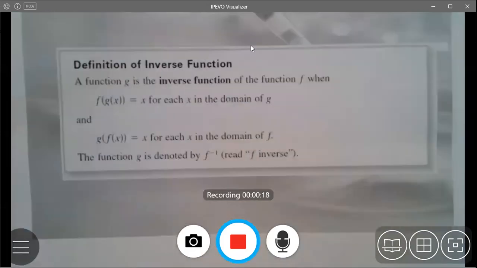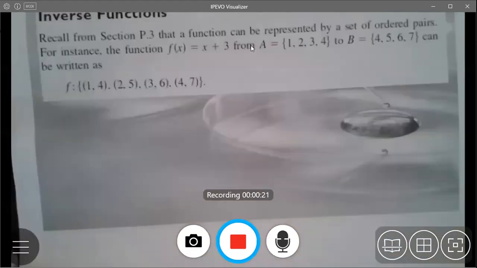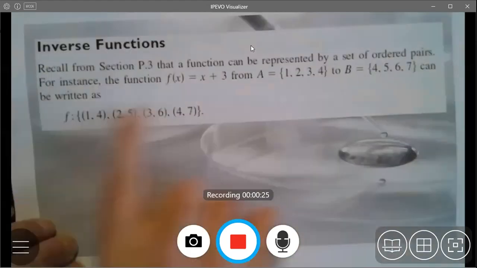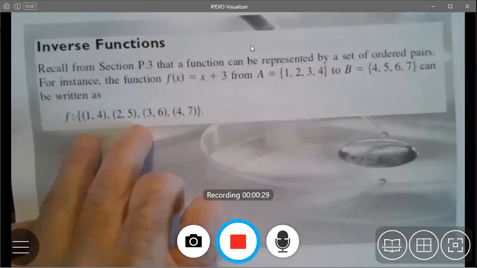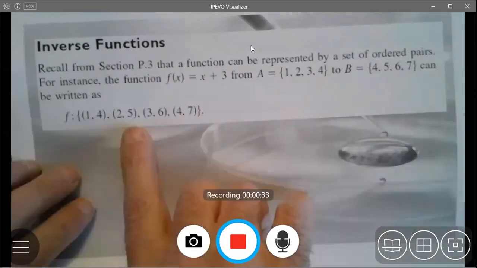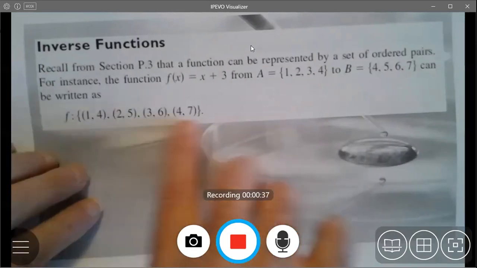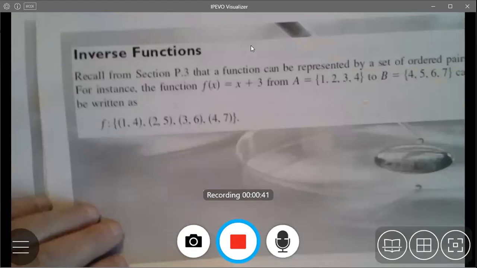We went through inverse functions, and we talked about the function and set of ordered pairs. To find the inverse of a set of ordered pairs, you switch the x and y terms, and also the domain and range switch as well.